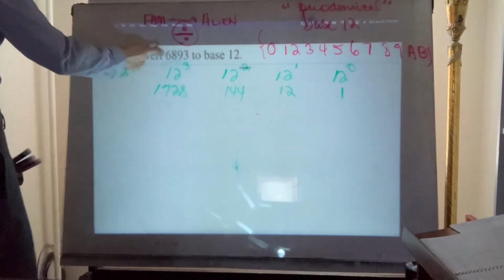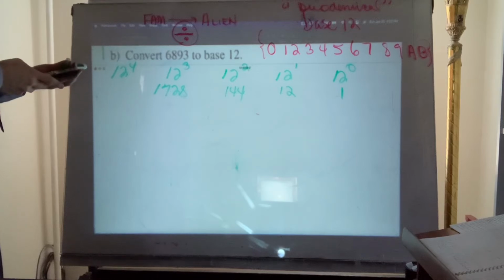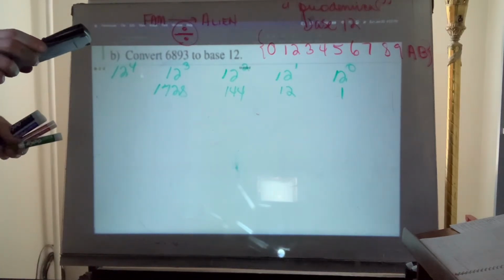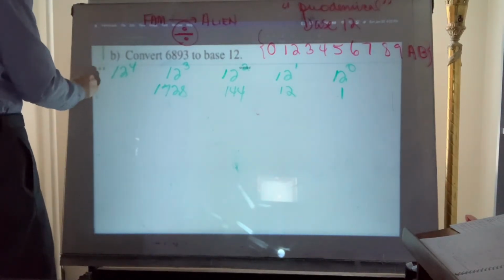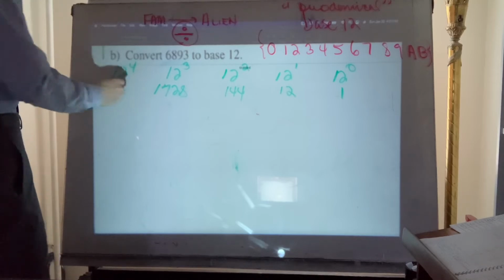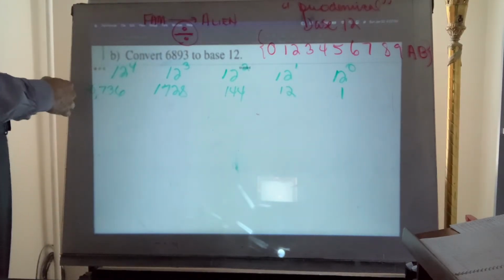Which is maybe what we're going to use, but we'll check by doing 12 to the fourth. Yeah, right. 20,736. Okay. You always kind of have to overshoot it, unfortunately, when you're doing your comparisons.